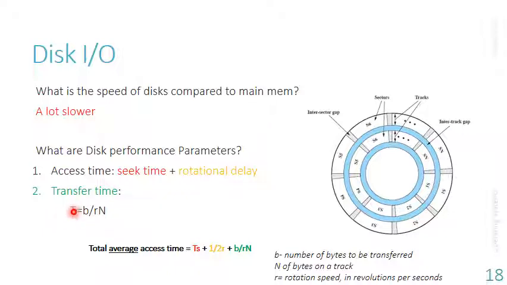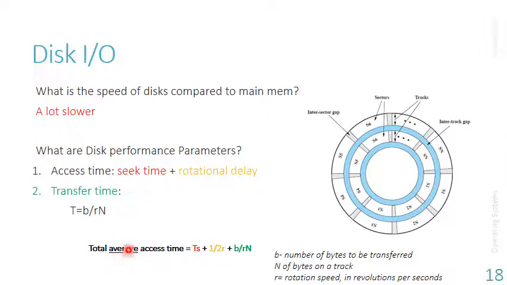So T is the transfer time, b is the number of bytes that need to be transferred, and N is the number of bytes on a track. Basically I have a bunch of bytes on a track, and in order to access all the bytes, I need to rotate my disk each time I transfer something in order to cover the whole track. This is why I have a small r here, which is the rotational speed. Fair enough.